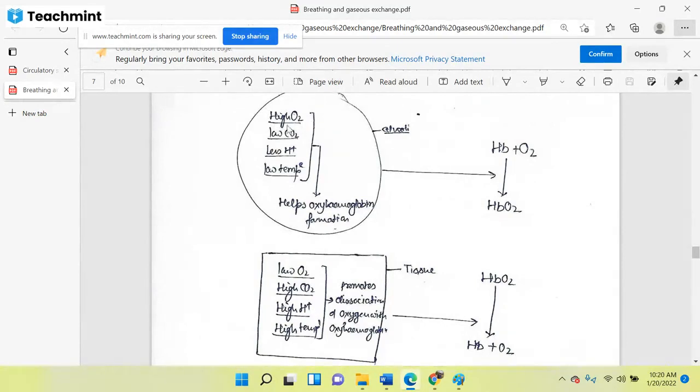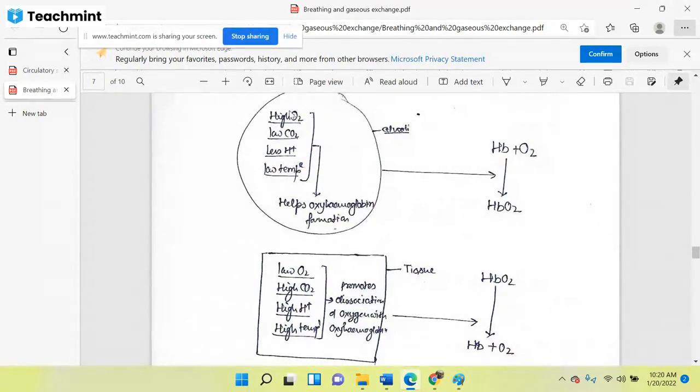So here you just see low carbon dioxide. I told you not only the partial pressure of oxygen is regulating its binding, three more important things are also there: the amount of carbon dioxide, the number of H plus ions, and the temperature. So here low temperature, less hydrogen ion concentration, low PCO2 or low CO2, and high PO2 or high O2.